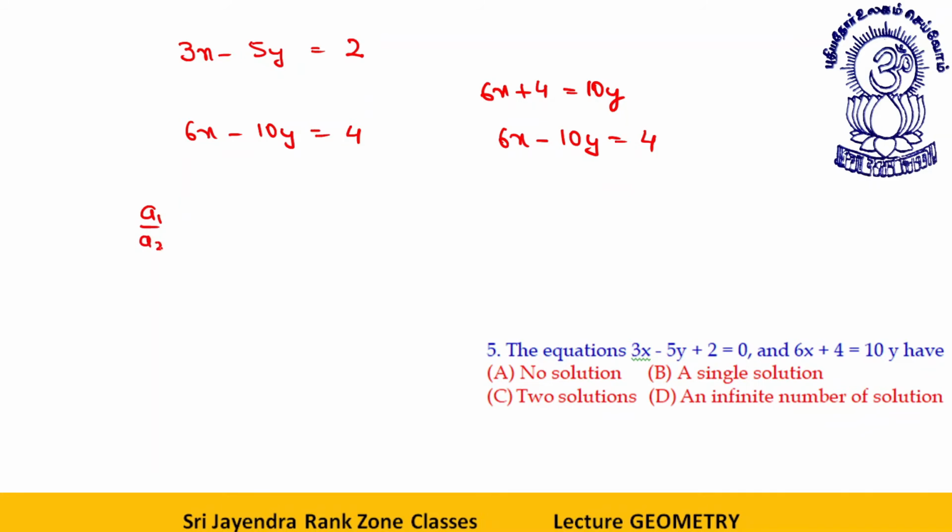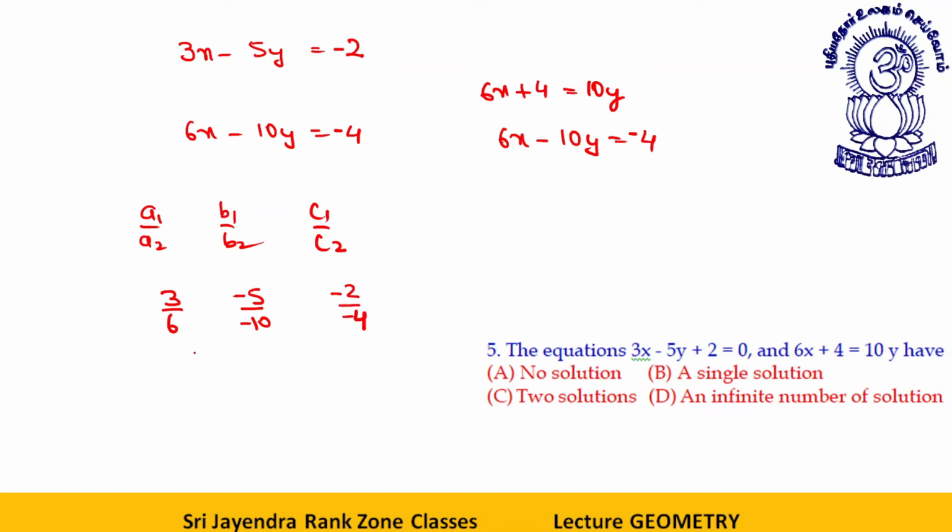I apply the formula a1 by a2, b1 by b2, c1 by c2. 6x minus 10y minus 4. And 3x minus 5y plus 2 is equal to 0, this is equal to minus 2. Now a1 by a2 is 3 by 6, b1 by b2 is minus 5 by minus 10, c1 by c2 is minus 2 upon minus 4.